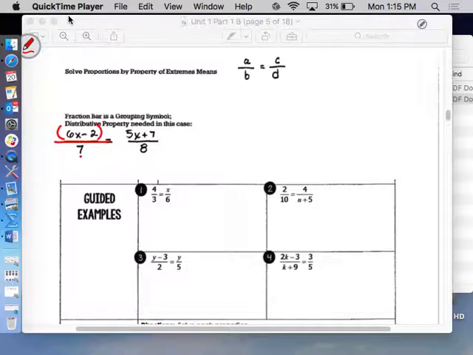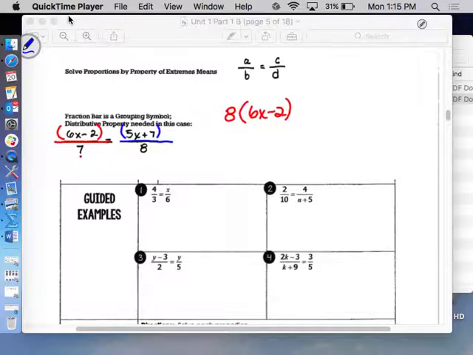So let me write the first step. Here is the product of my extremes: 8 times the numerator, 6x minus 2, making sure that I put that numerator in parentheses. Now let's take the product of the means. Once again, I've got another fraction with an expression in the numerator.